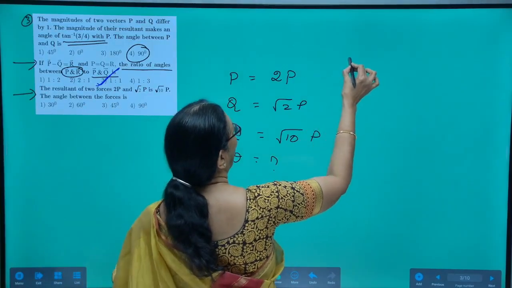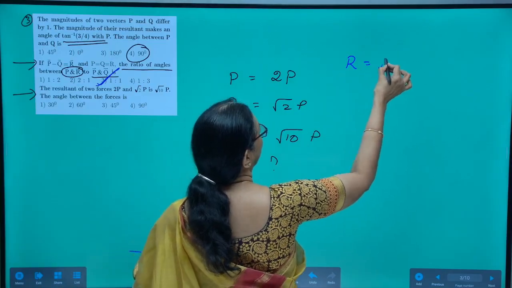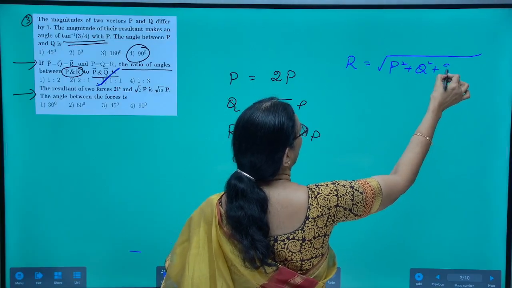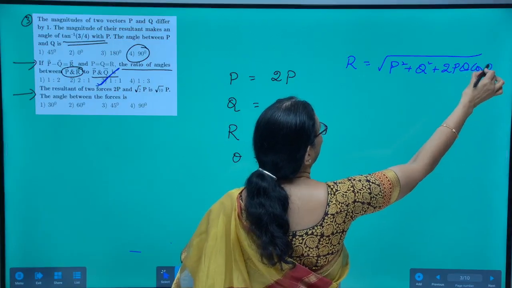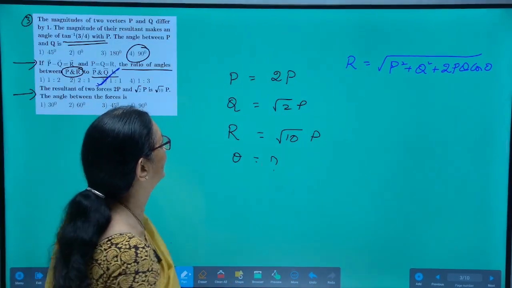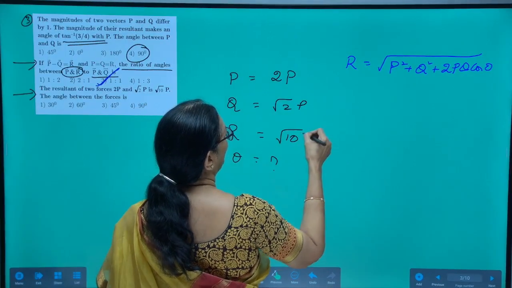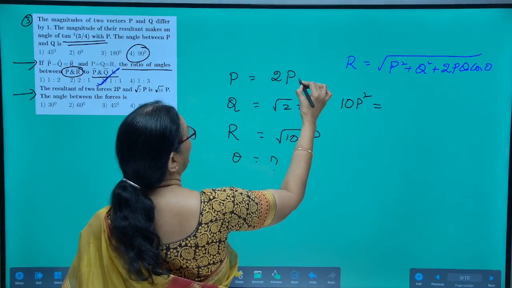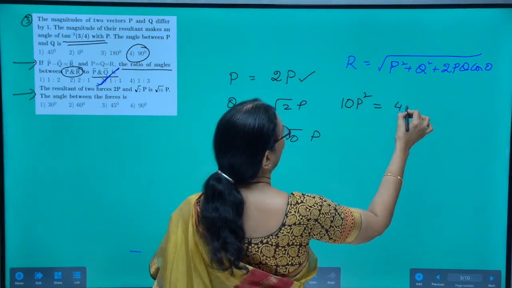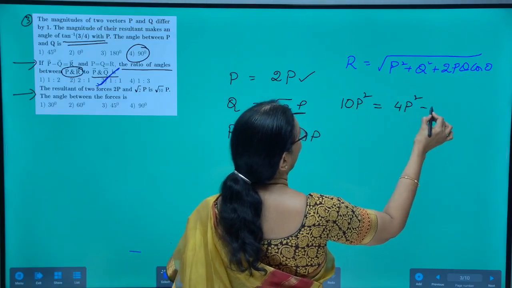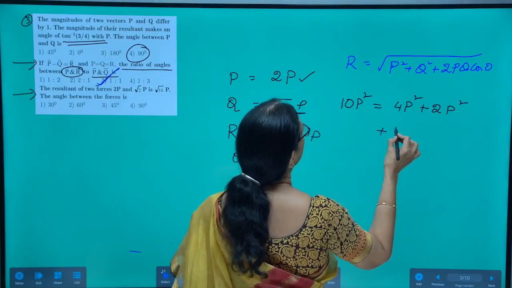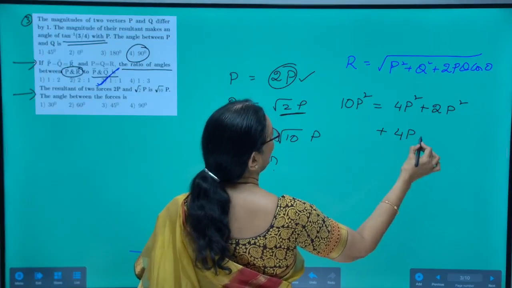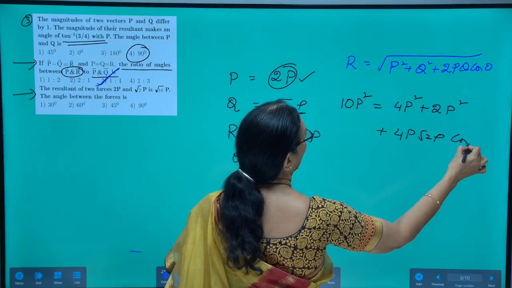See here, from the parallelogram law of vectors, the magnitude of the resultant formula is R = root of P square plus Q square plus 2PQ cos theta. Just substitute the given data in that formula. R is root 10P, squaring on both sides, it becomes 10P square. That is equal to P square, this is 2P whole square, 4P square, plus root 2P whole square, that is 2P square, plus 2 into 2P, so 4P, into Q which is root 2P, into cos theta.